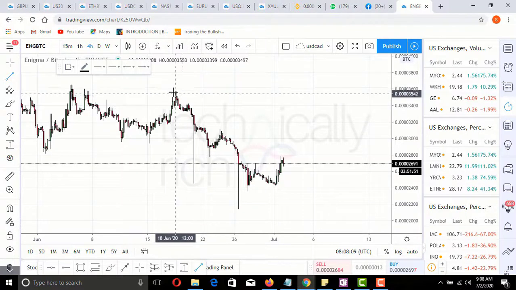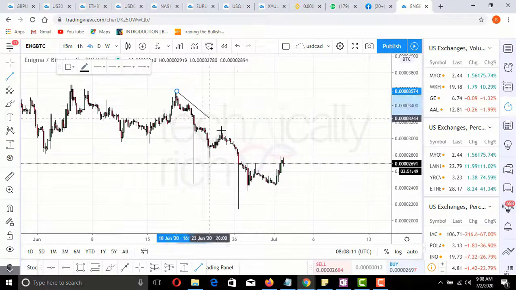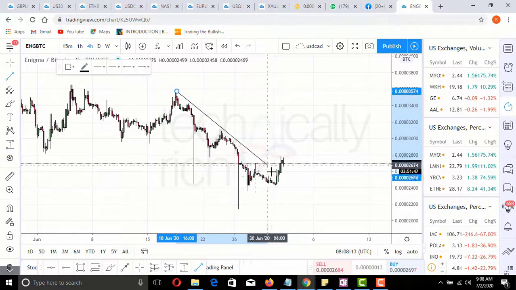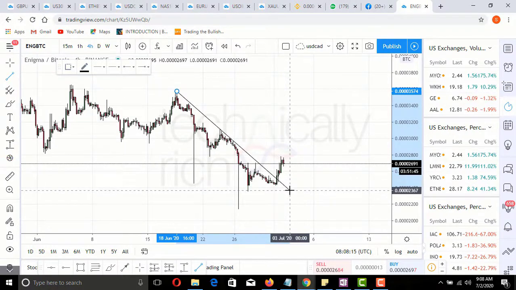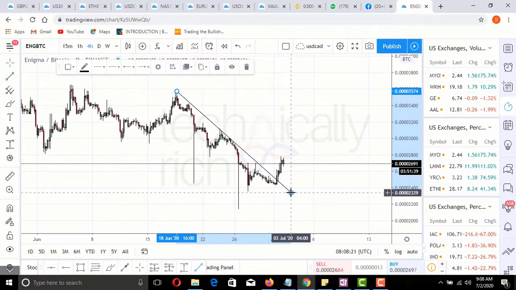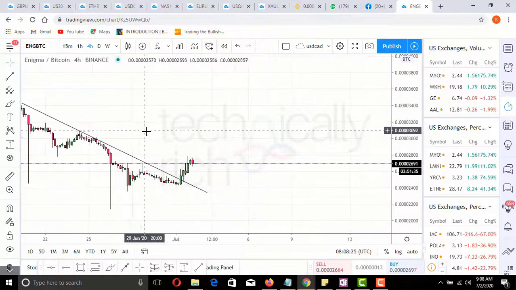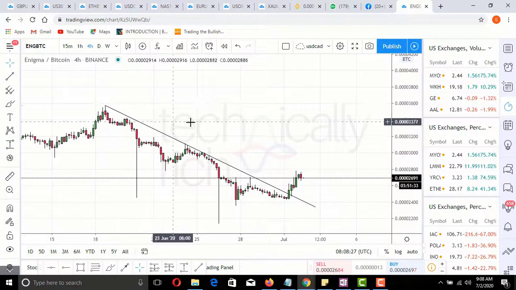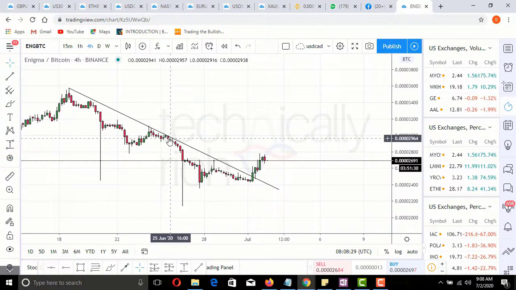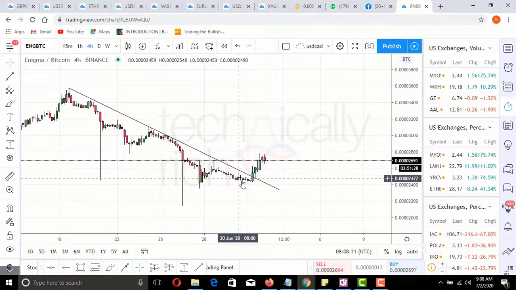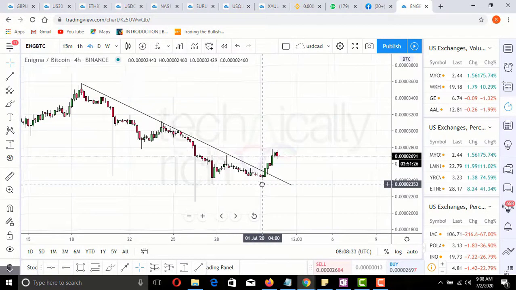I'm starting from right here, looking to connect two or more points comfortably without forcing anything. So clearly I can connect 1, 2, and you see, I'm fine right here.